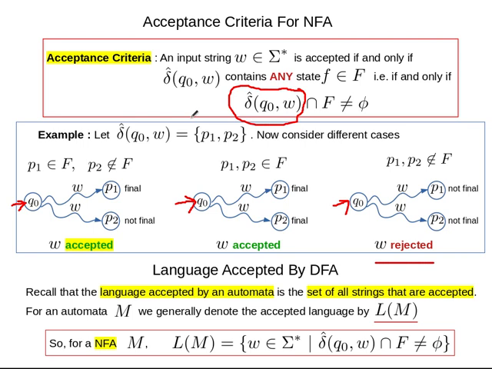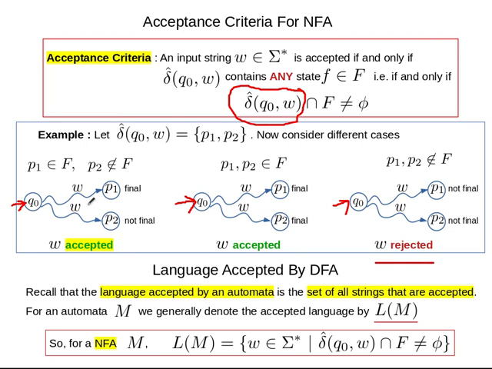Now, a common mistake that students often make is that they try to bring the idea of DFA into this NFA, and they say that okay, if it takes this path then it is accepted, if it takes this path then it is not accepted. No, acceptance or non-acceptance doesn't depend on a particular path. There can be many paths. You have to consider all of them before you figure out whether it's accepted or not.